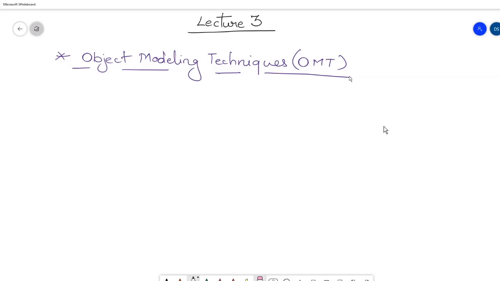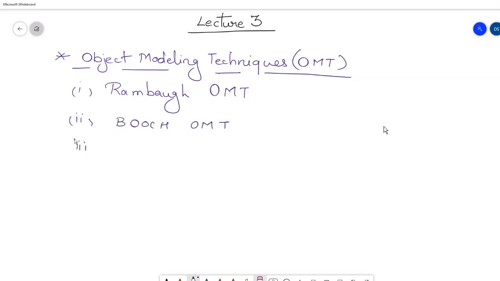The names of those techniques are: the first one is Rumbaugh OMT, the second one is the Booch technique, and the third one is Jacobson OOSE. We'll see these in detail.